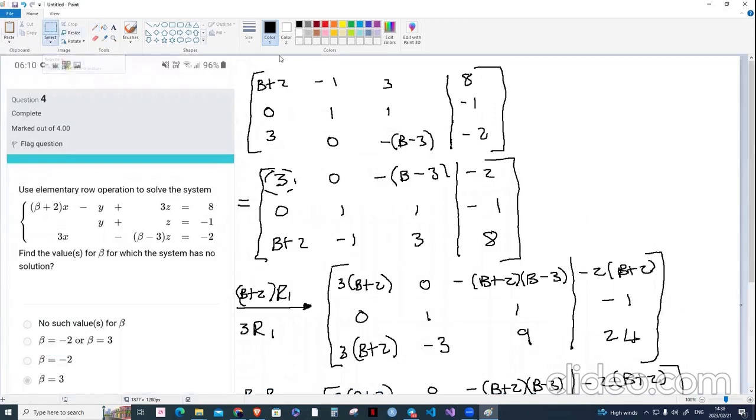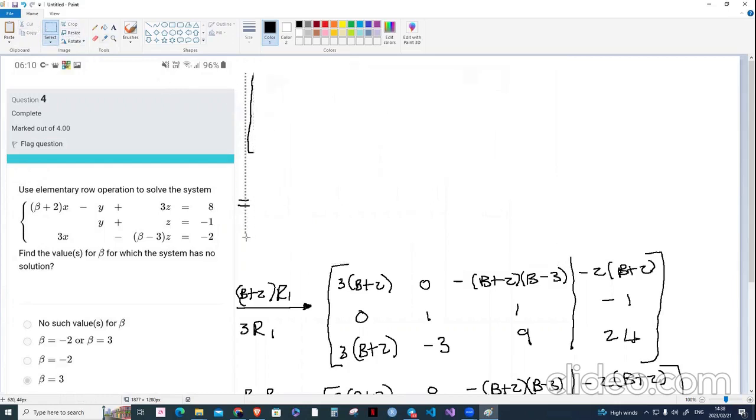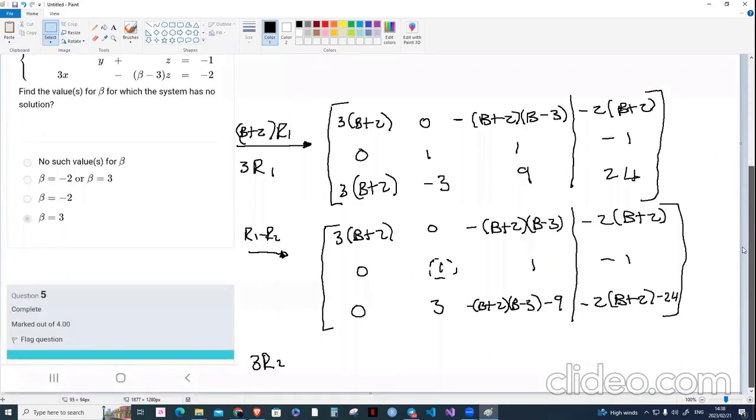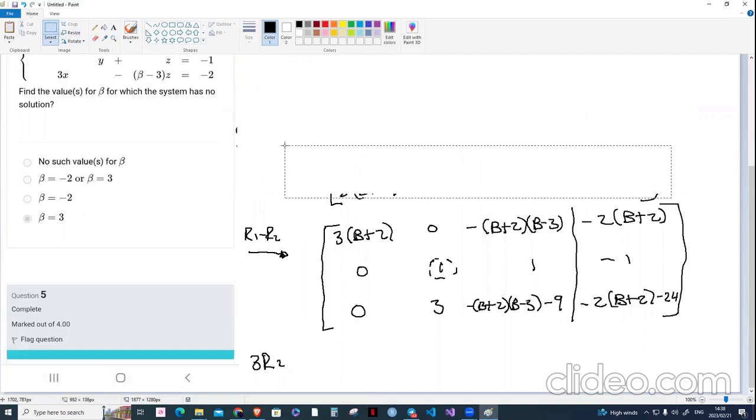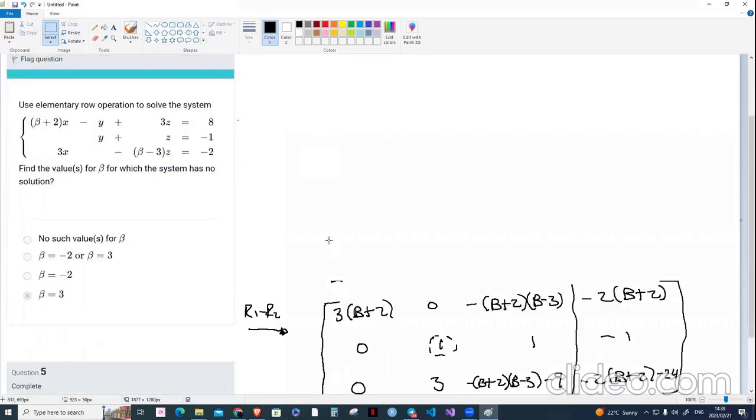Let me do it here. Do this one as well. So yeah, we will say 3 times row 2.